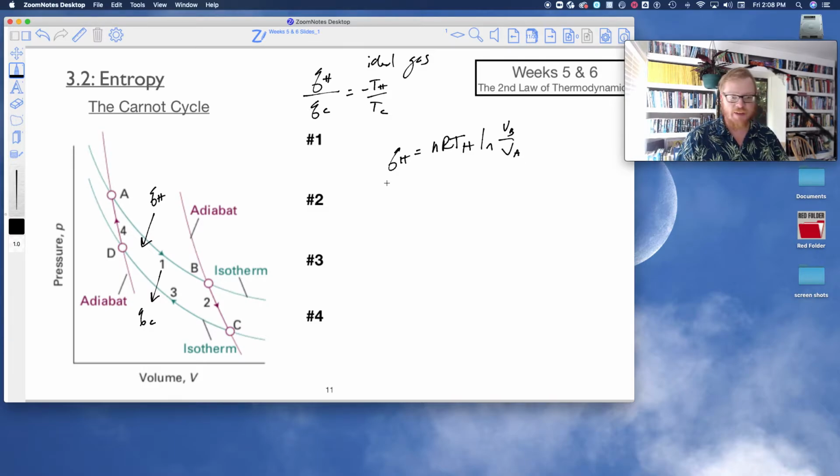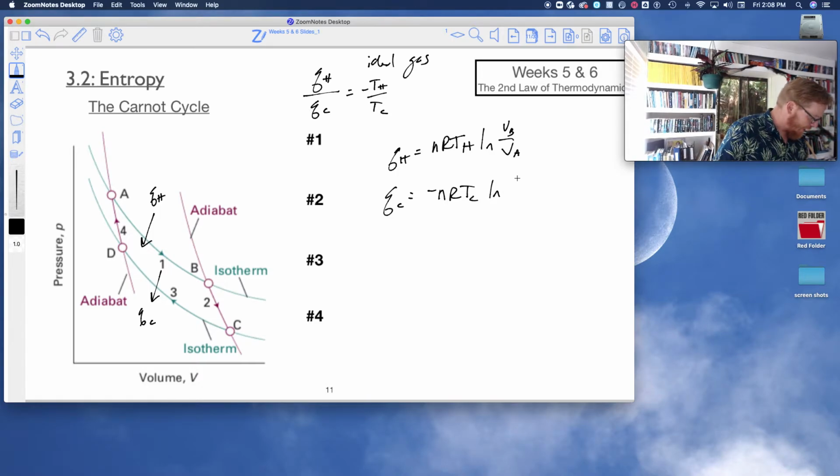Okay, and then similarly we can say QC is the negative version of that, natural log of VD over VC. All right.